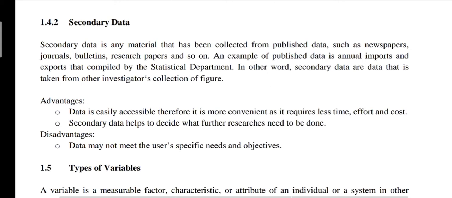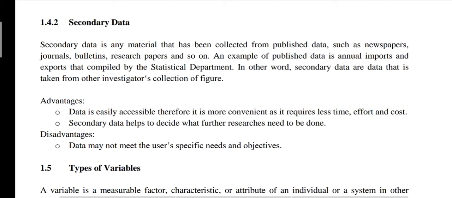Okay, secondary data pula adalah data that is gathered from other resources such as report, published data, journal, newspaper, bulletin, research paper and so on. Any other data that we can get except from the primary data, that is the secondary data.